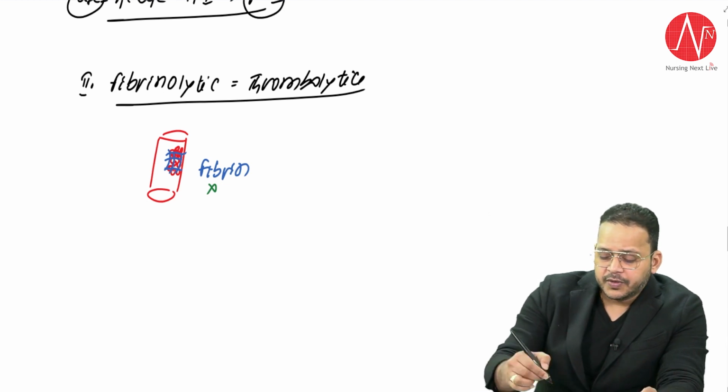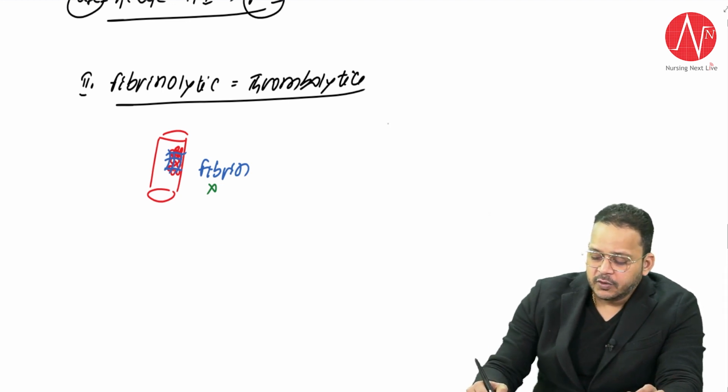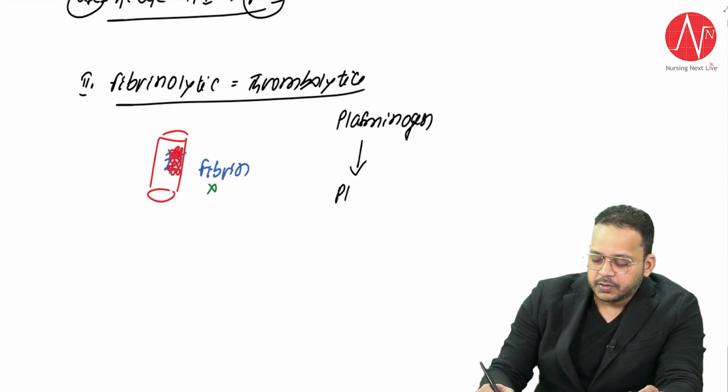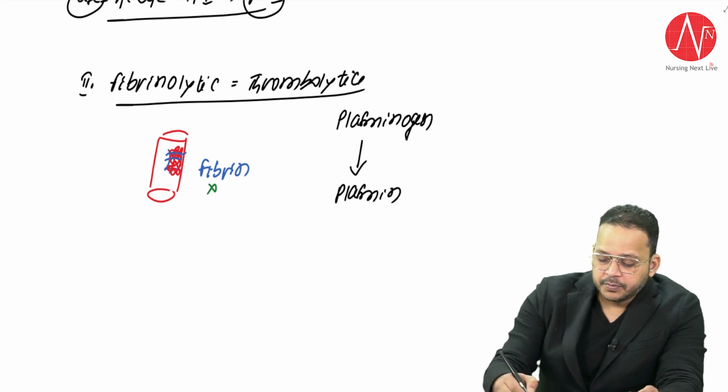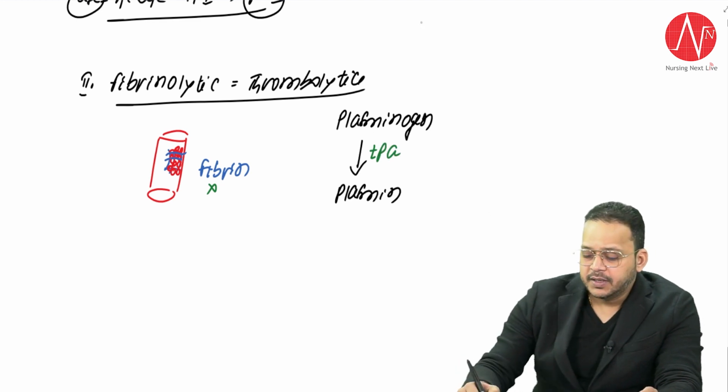Now, how is fibrin broken down? Remember, in your blood, there is something called plasminogen, which is converted into plasmin with the help of a factor called TPA.